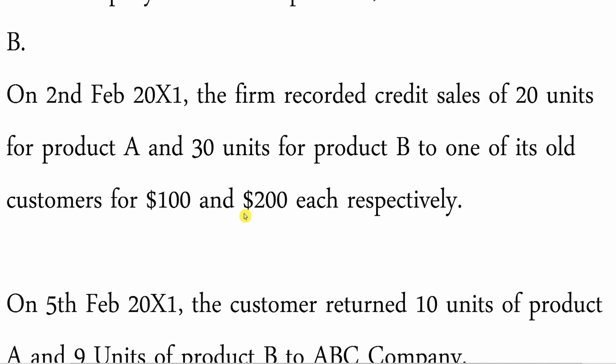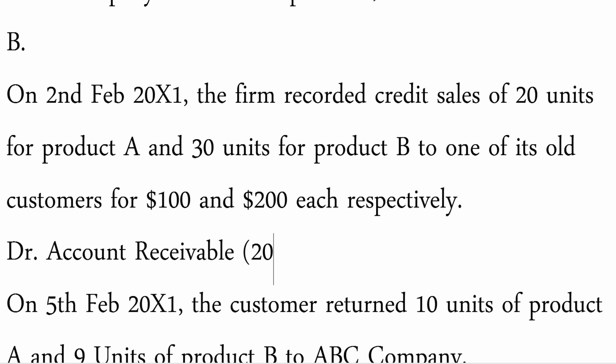We can record the first transaction: debit accounts receivable, because it is a credit sale. Product A 20 multiplied by $100, plus 30 multiplied by 200.